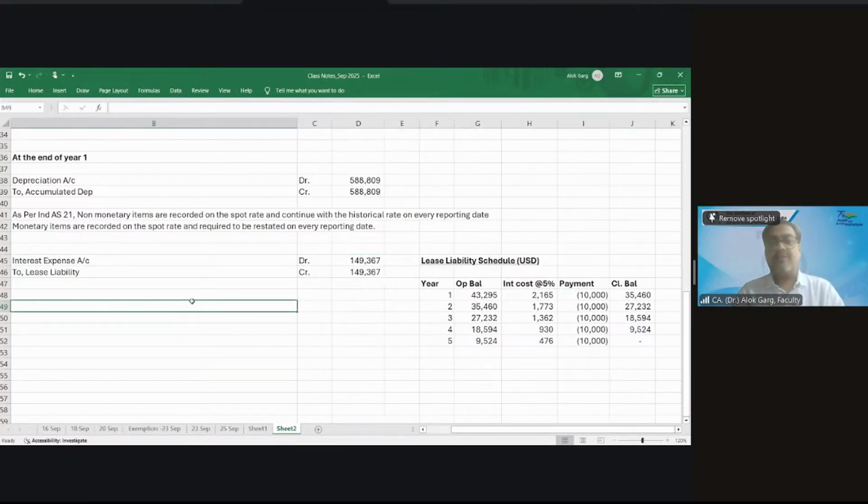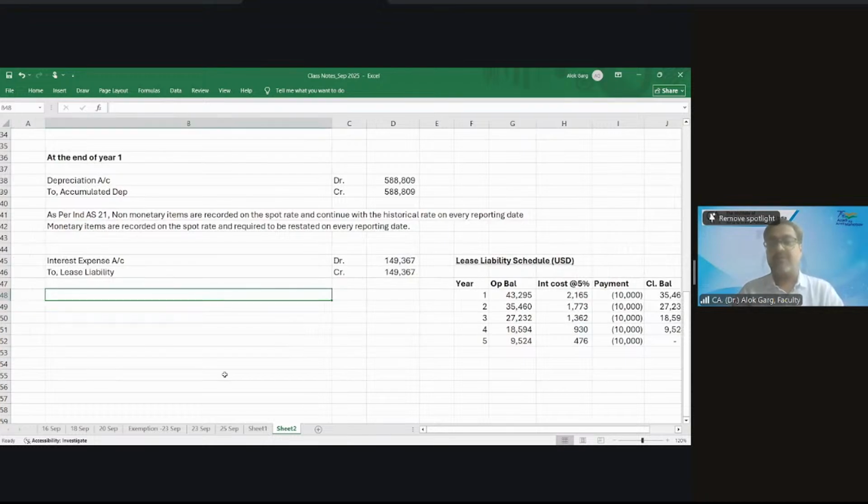Friends, then you have to make a payment of lease liability. What is the accounting entry for making a payment? Lease liability account debit to bank. This you are going to pay at the end of the year.